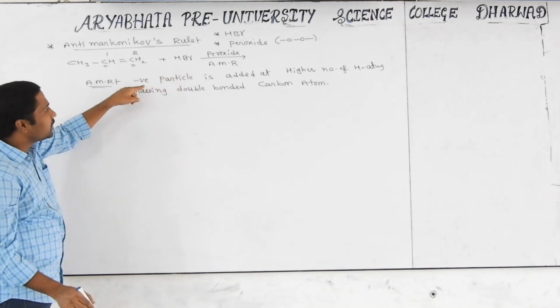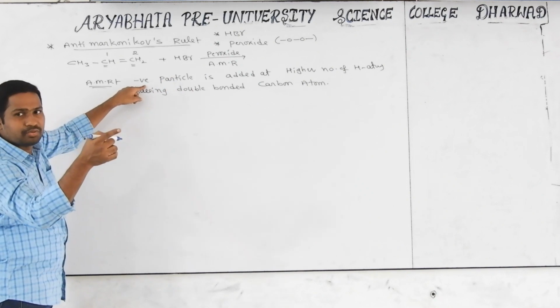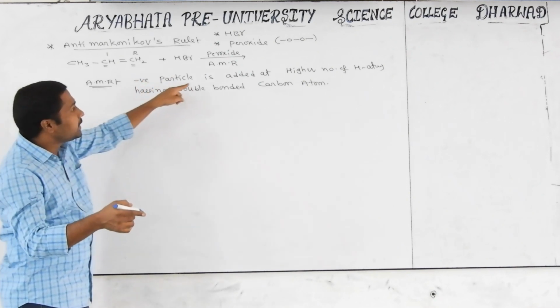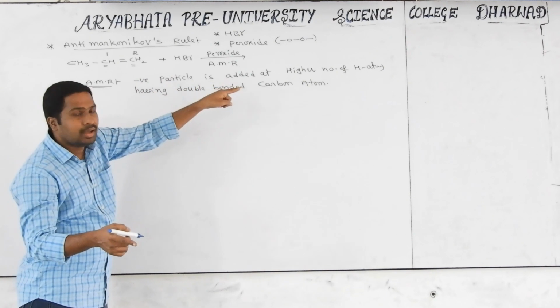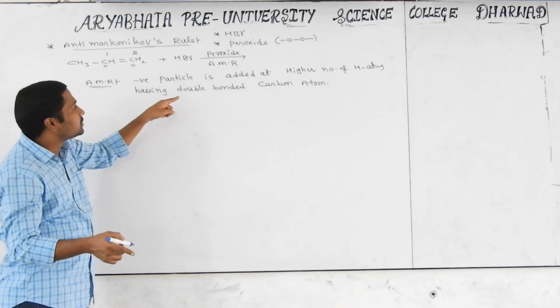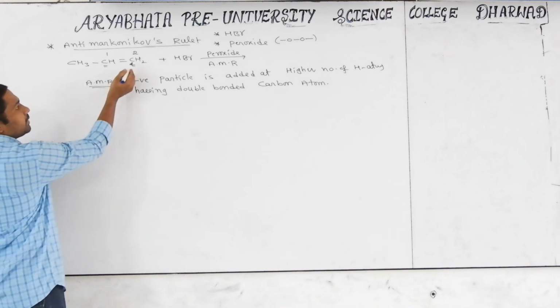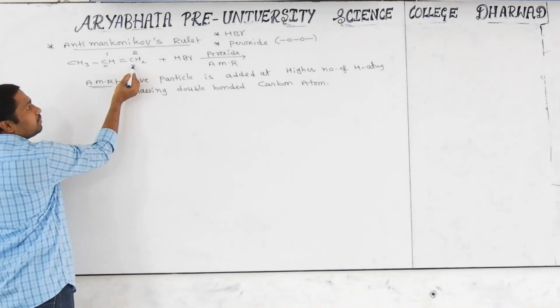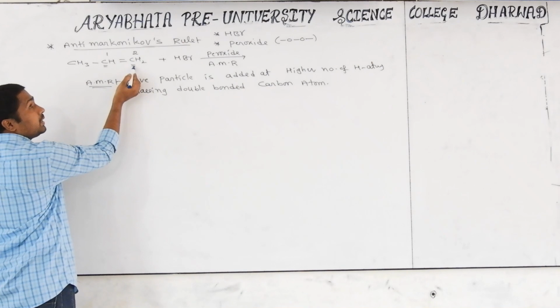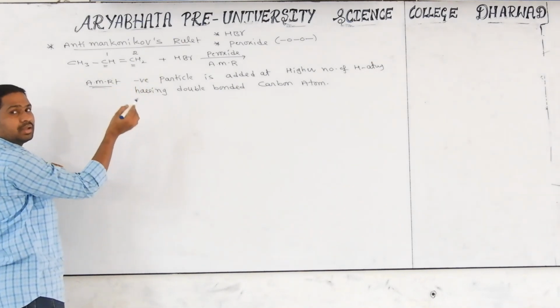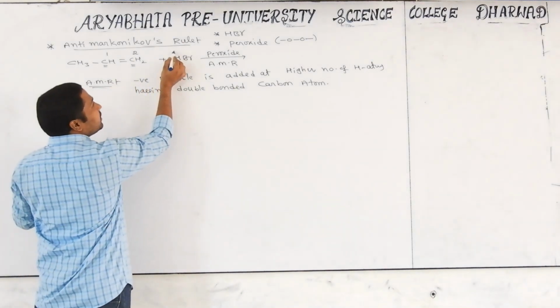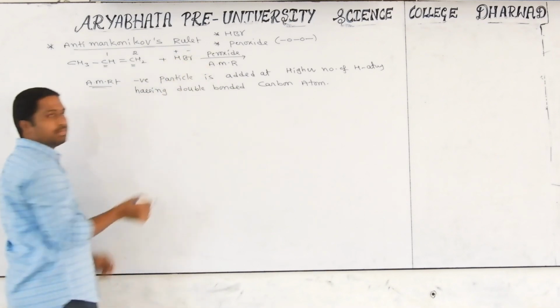The anti-Markovnikov rule is the reverse of the Markovnikov rule. It means the negative particle should be added at the double bonded carbon having a higher number of hydrogen atoms. So relatively, which double bond carbon has the higher number of hydrogens? This one. That's why which particle will be added? A halogen particle. Why? Because it is becoming like H plus and Br minus.